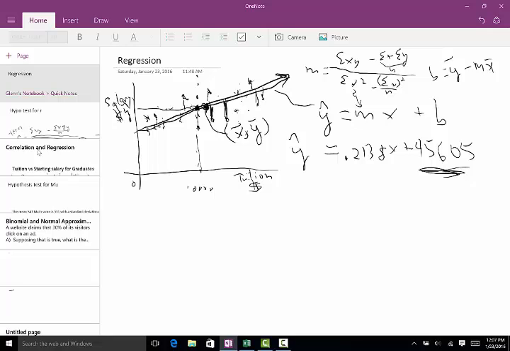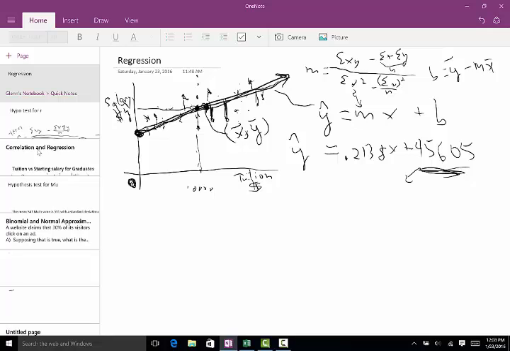But what does it mean? So y-intercept, the y-intercept is the y-coordinate of the point where the line crosses the y-axis. What's the x-coordinate there? 0. So that's the way I interpret it, is the value of y when x equals 0.